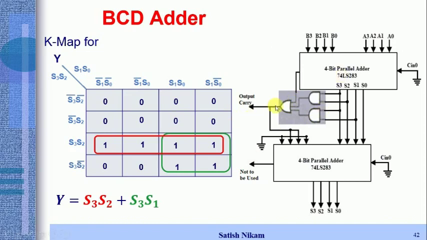The signal will be high only if the carry is generated from this circuit, or S3 S2 is high, or S3 S1 is high, and we have connected this high output to B2 and B1.